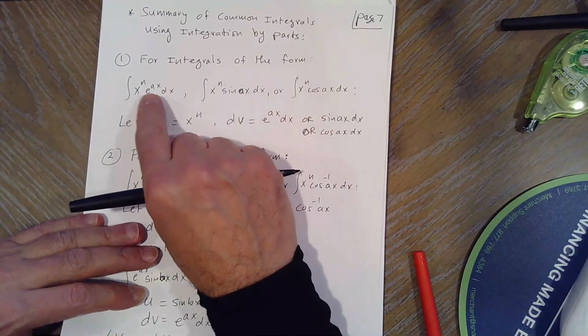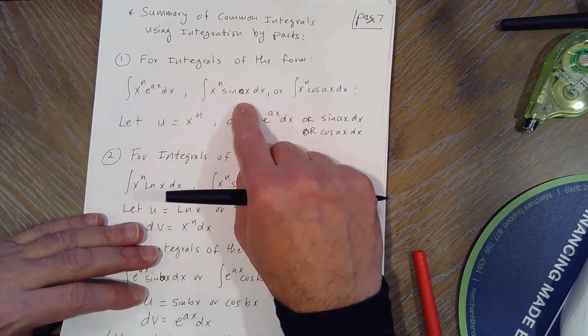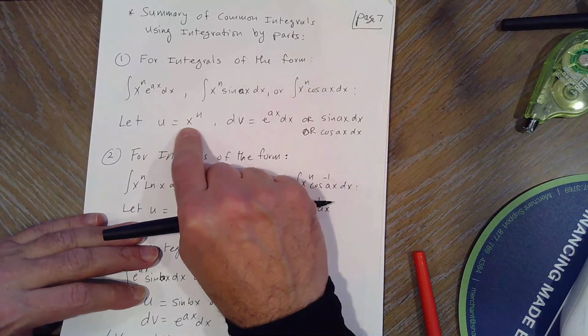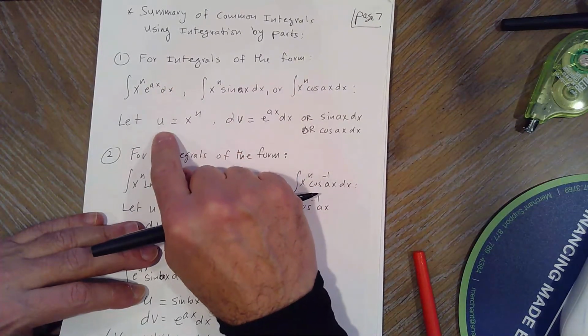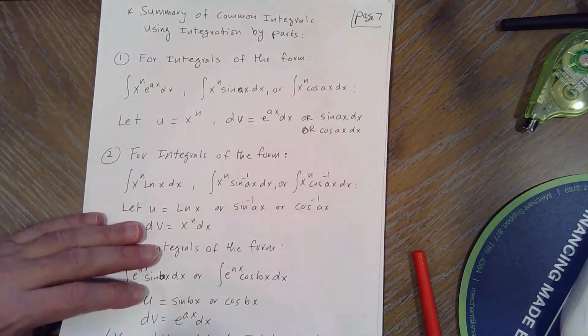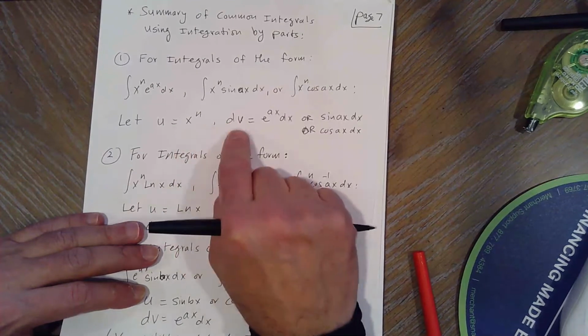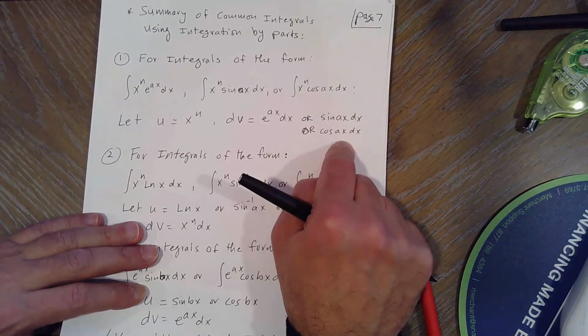So if you have x to the n, e to the ax, so a power of x, and then either e, sine or cosine, you could switch this, as I showed you. You could use u equal e to that, or you could use u equal x to the n. Let's stick to u equals x to the n, dv is e to the ax dx, or sine ax, or cosine ax dx.